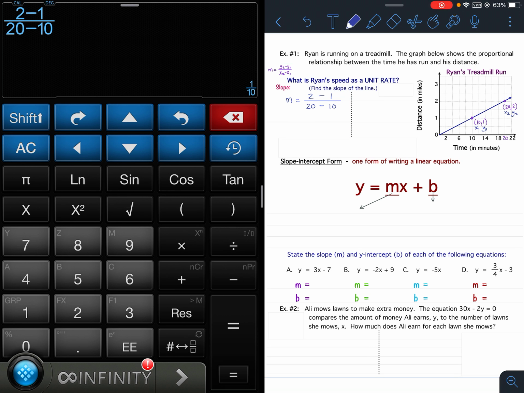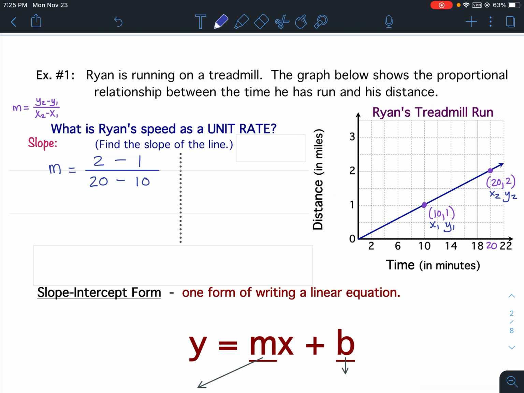But we're going to put the 1/10 down first. So simplified, that would be 1/10, which is the same as 0.1. Because that would be 1 mile in 10 minutes.